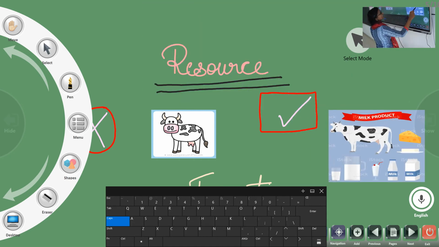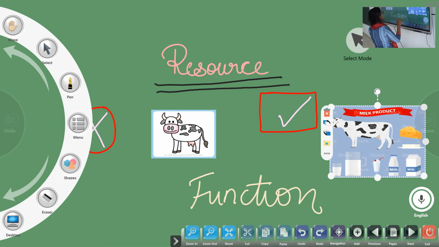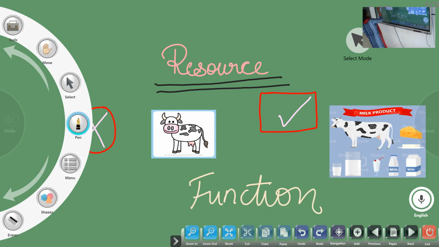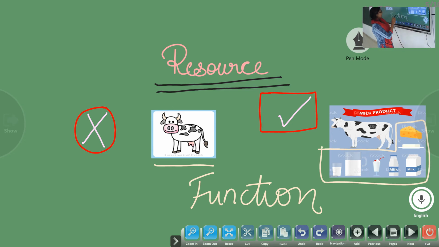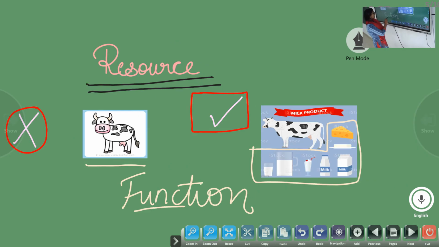Because it gives us milk products. So, the cow in itself is not my resource. Cow is an animal. But what is the resource? The products that I get from the cow, which can be made use of. The function of making use of this product is a resource.